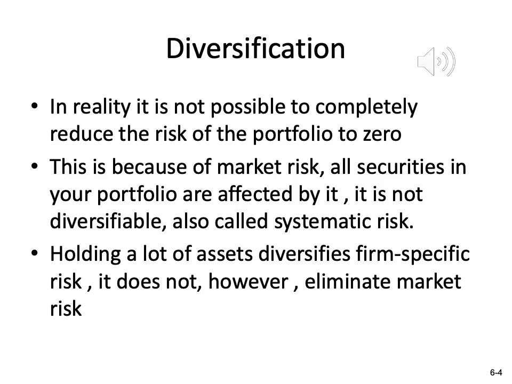So to summarize, in reality, it is just not possible to completely reduce the risk of a portfolio to zero, because the market risk will always be there no matter how many stocks you hold. You can only get rid of the firm-specific risk by holding more stocks in your portfolio.